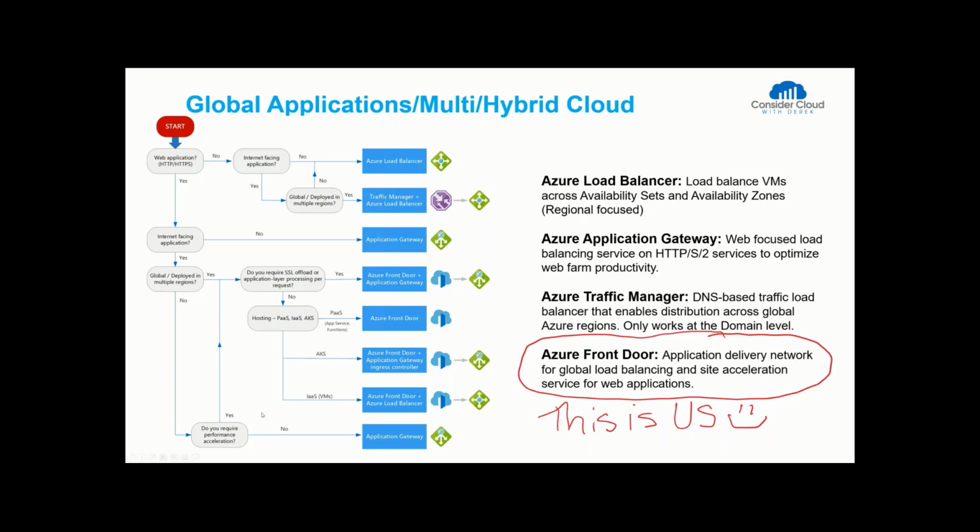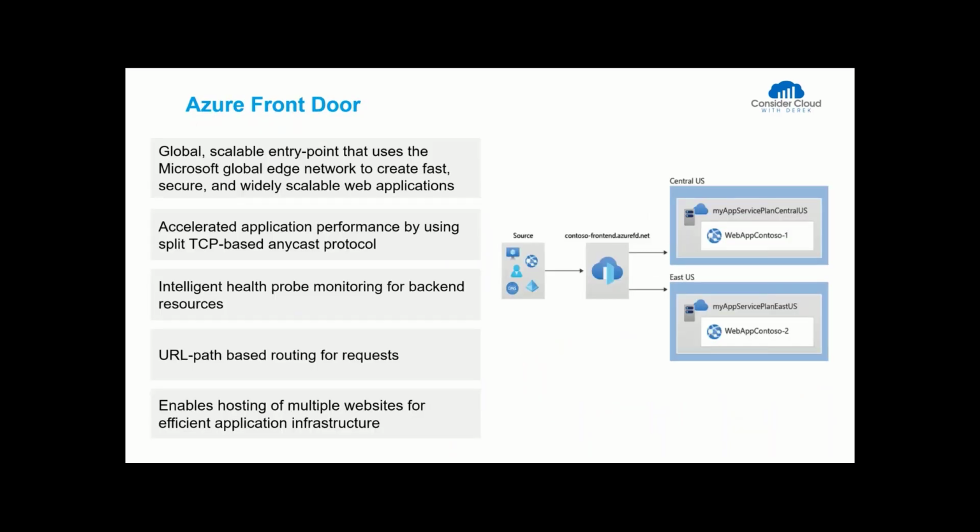So key things to understand about Azure Front Door is that it is a global scalable entry point that uses Microsoft's global network to create a very fast and secure way to access your web applications. And I say web applications in plural because, yes, it can support multiple applications.